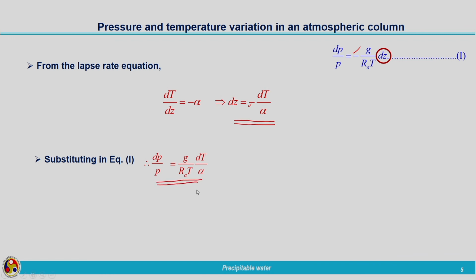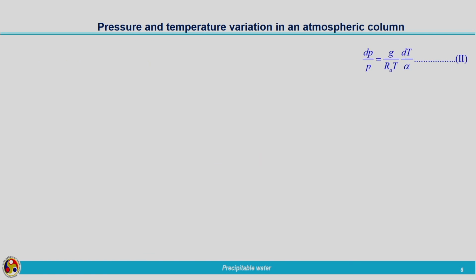On the left hand side we have the pressure and on the right hand side we have the temperature. Let this be equation number 2. This equation is for the elementary strip. If we want to apply it to the entire atmospheric column, we will integrate it.